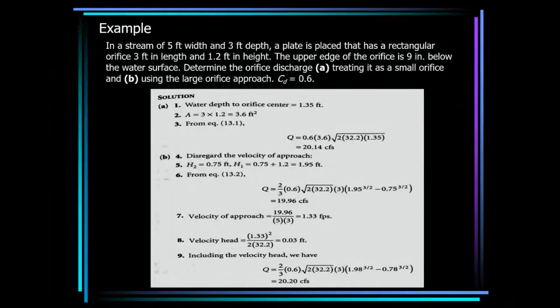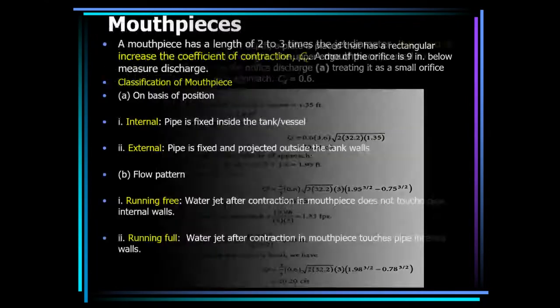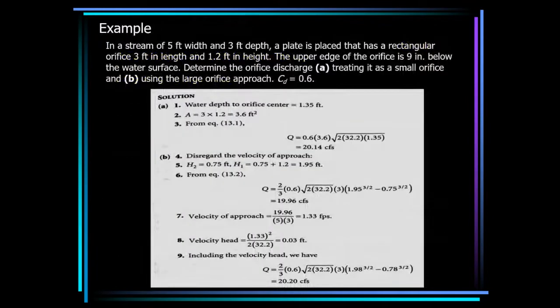Now let's look at a simple problem here. It says in a stream of 5 feet width and 3 feet depth, a plate is placed that has a rectangular orifice. Let's try to sketch this so that we can understand the problem very well. You have a stream, 5 feet width and 3 feet depth.